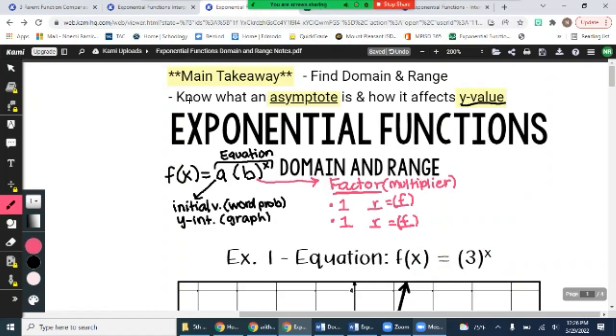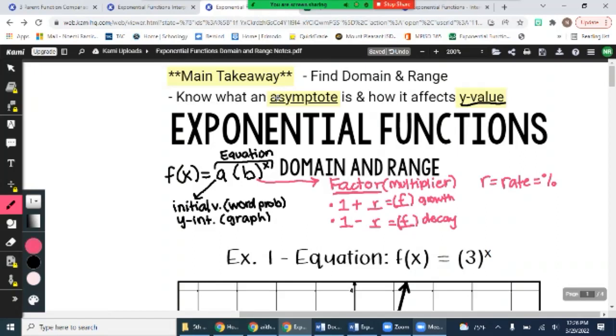And that factor can be split into 2 categories. If I add the rate, that gives me growth. If I subtract the rate, that gives me decay. And R, just for those that still don't know, R is your rate, and your rate has to be written in the form of a percent.